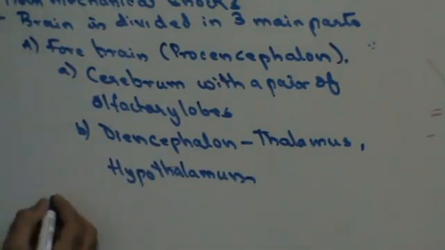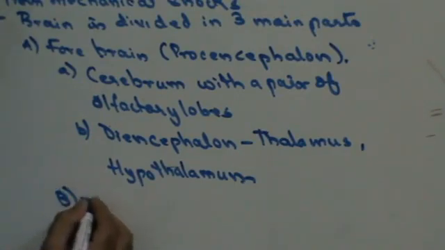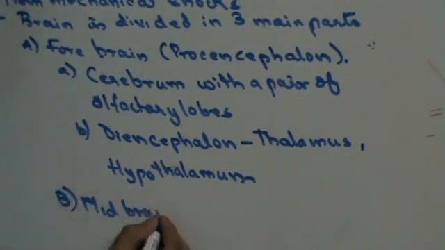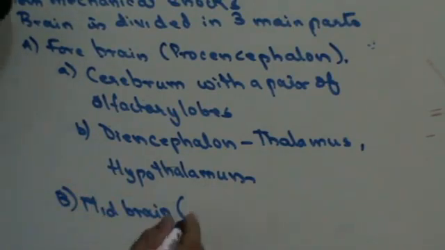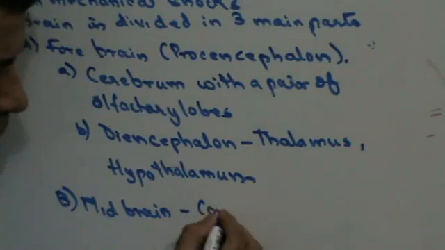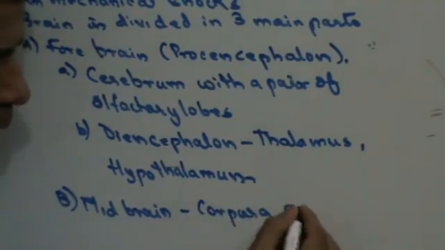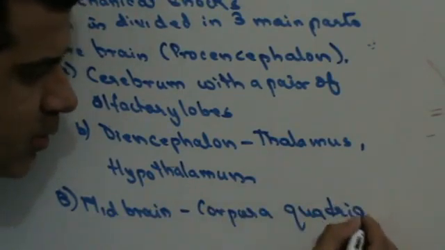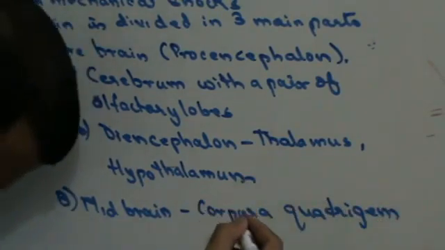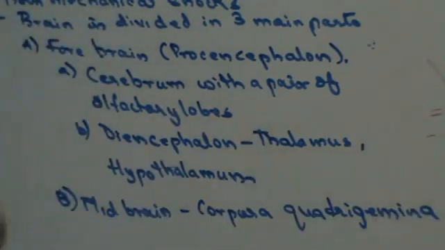Then you have, second, the midbrain. The midbrain is made up of corpora quadrigemina, right? Which is here. That's your midbrain, right?